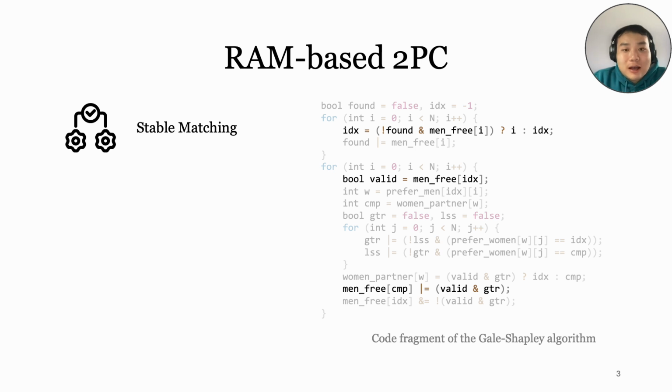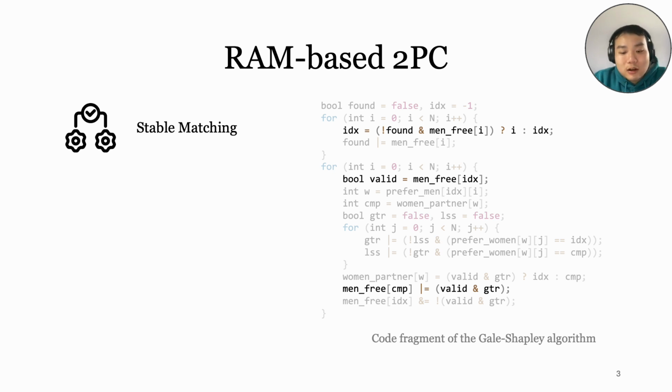One of the reasons that we need custom protocols to build efficient 2PC for these applications is that in those real-world applications, we need numerous random accesses, and these random accesses cannot be efficiently converted to compact circuits. Take stable matching as an example.